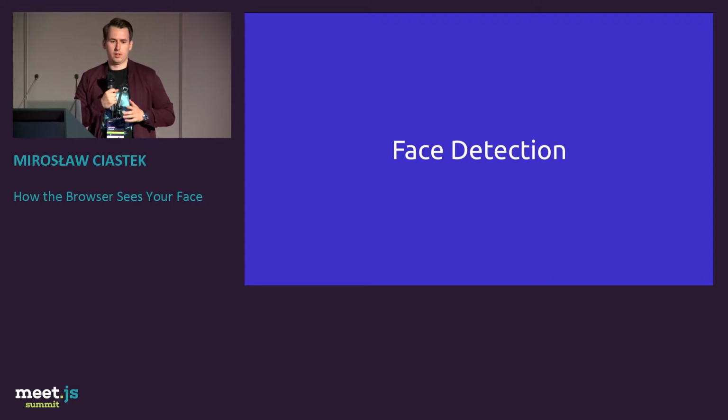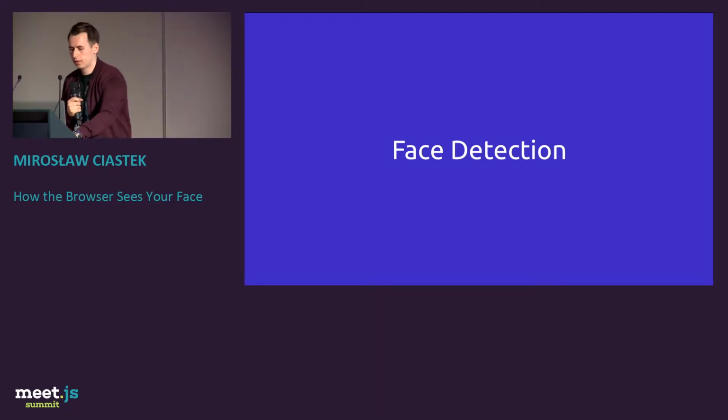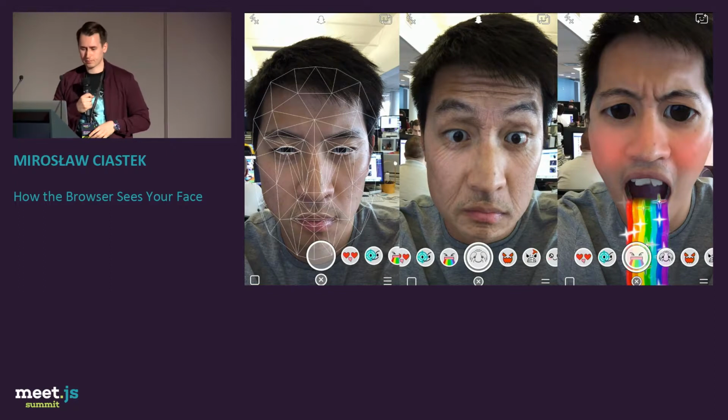But let's go back to face detection. Maybe it's not as exciting as face recognition, but it still has a place in our industry. So the first example of usage of face detection is Snapchat filters. Snapchat users may be familiar with the filters, the doggy face filter, the rainbow face filter, and so on.